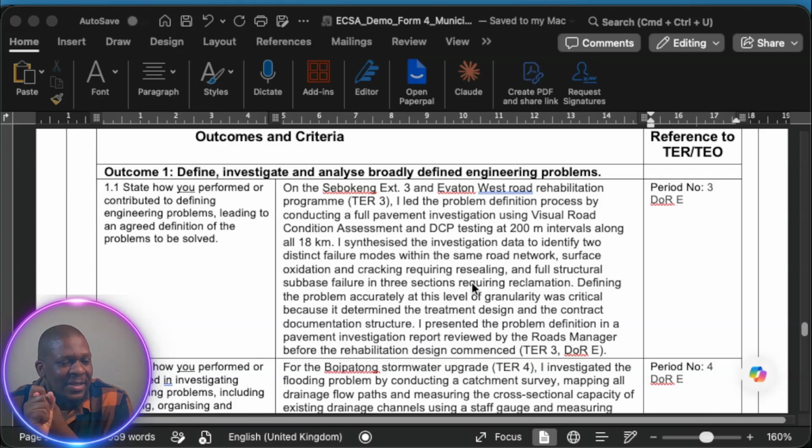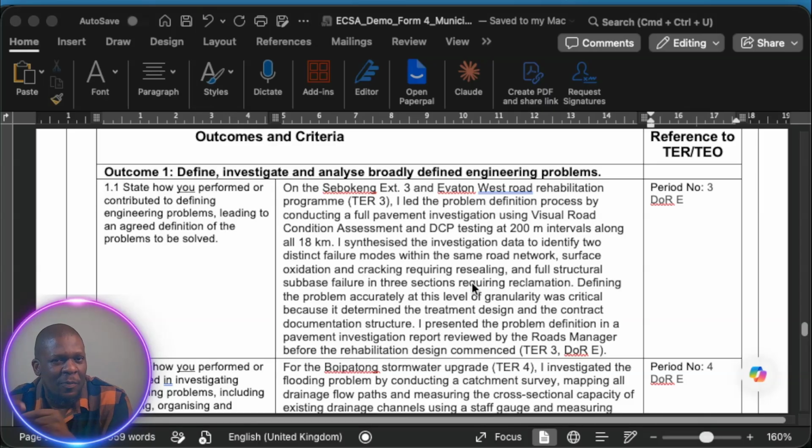Remember, we looked at conditional assessment. It means you are contributing in terms of defining what the problem is. When performing the assessment, you are responsible for ensuring that you explain what the problem is.